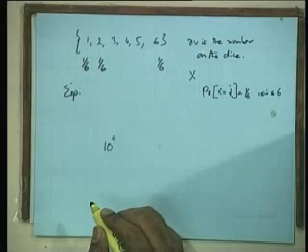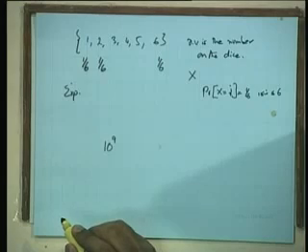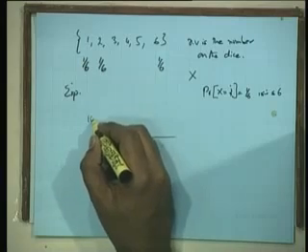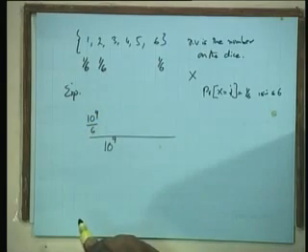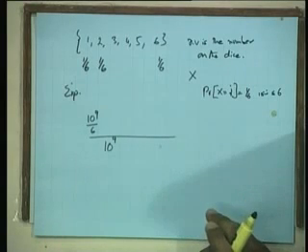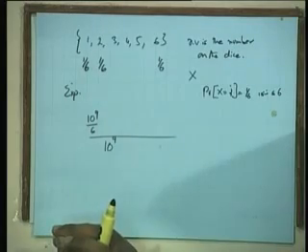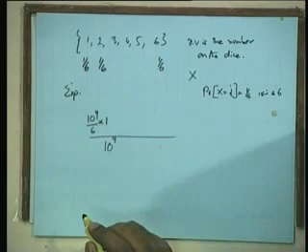Now, how many times are you going to see a 1? 1 billion by 6 times. This is what probability means: the probability is 1 by 6, so if you do the experiment sufficiently many times, then this fraction of the times you are going to see this particular outcome. So that many times your outcome was a 1.